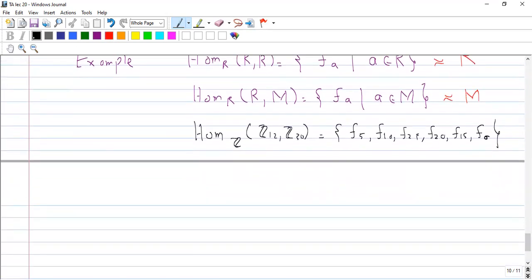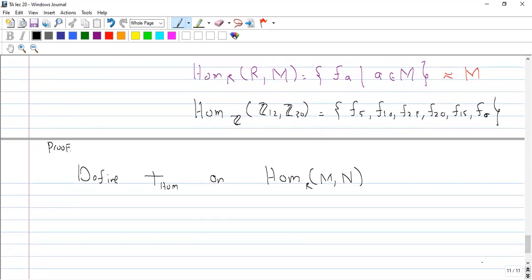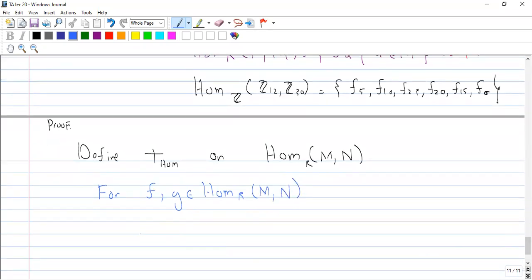Okay, so to prove the proposition, first we need to define addition. अब मैं लिख रहा हूँ, बाद में उसको बस प्लस ही लिखूंगा। अब यहाँ पे समझ, प्रूफ यहाँ से स्टार्ट होगा। अब एडिशन किस तरह डिफाइन करवा रहा हूँ कि for f and g in Hom, that is both f and g are R module homomorphisms from M to N. So f plus g is also a map from M to N, and the addition is defined pointwise.